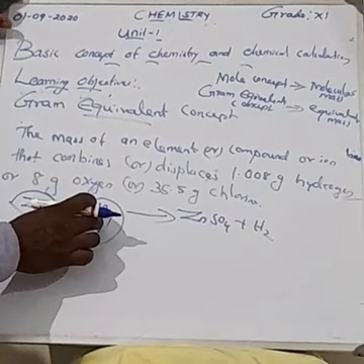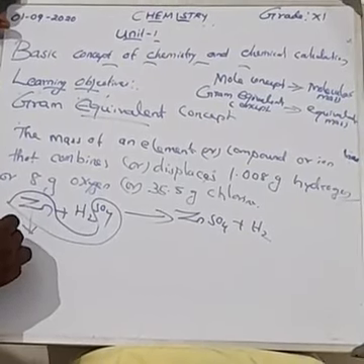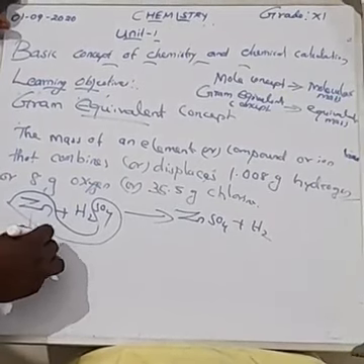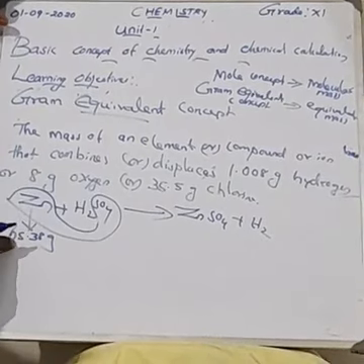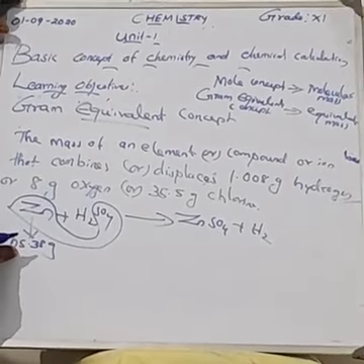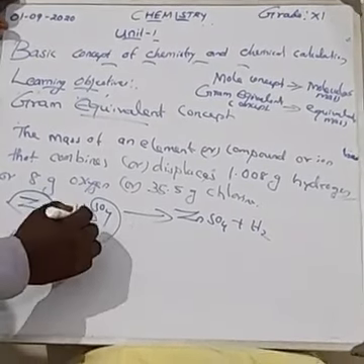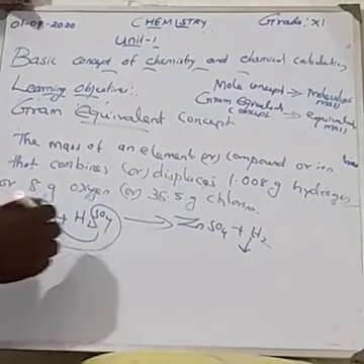That means 1 mole of zinc is equal to 65.38 gram, and 1 mole of hydrogen is equal to 2.016 gram.